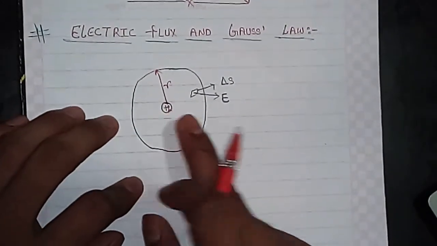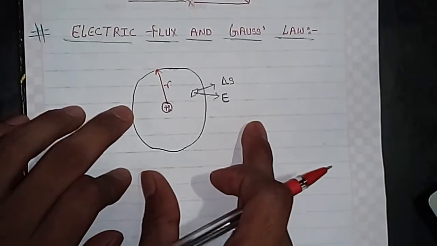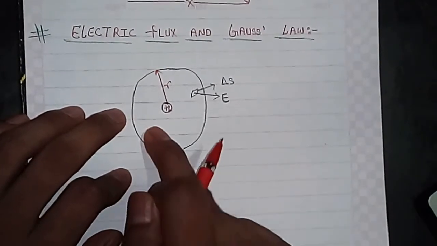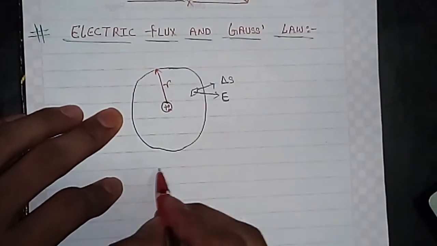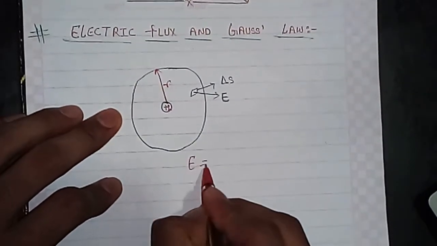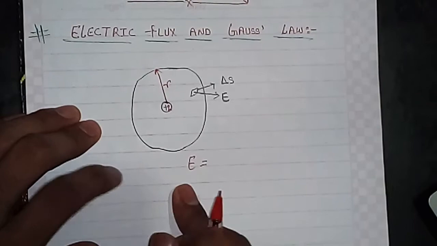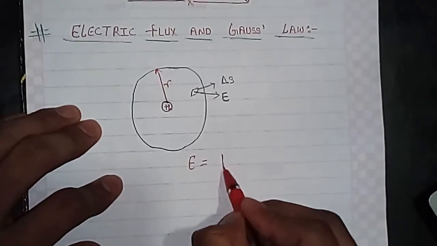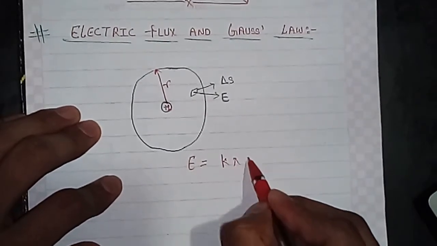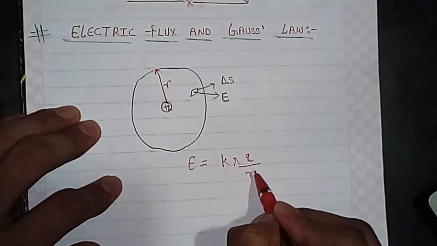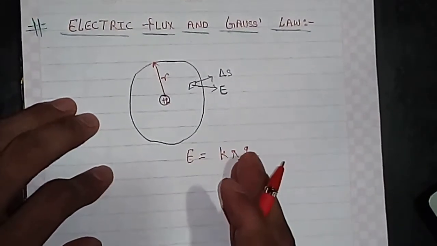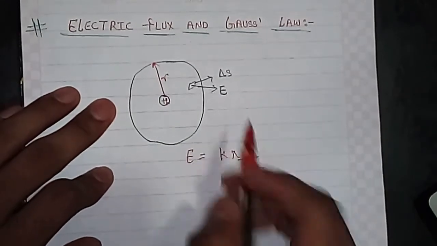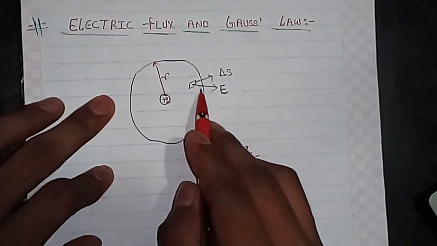The magnitude of the electric field at every point on the surface of the sphere is E, where E is equal to kQ by r squared. The direction of the electric field is normal to the surface, pointing outward.